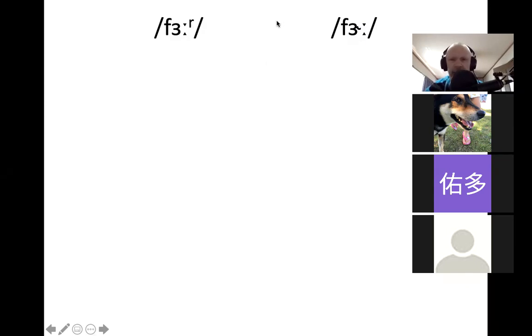It's easier, right? And then the American pronunciation is going to be fur, fur, fur, which is kind of difficult, I think, right? You've got two difficult sounds for Japanese speakers. It's a bit more complicated. So that's why I recommend using British pronunciation.